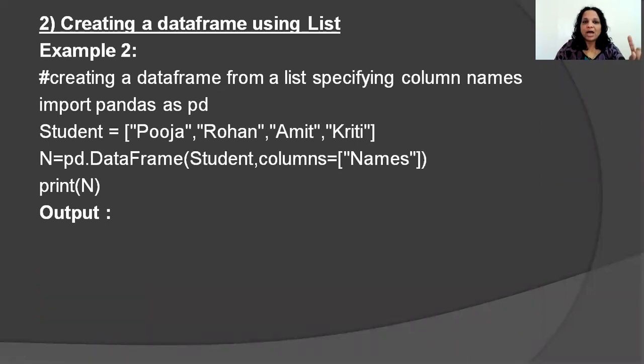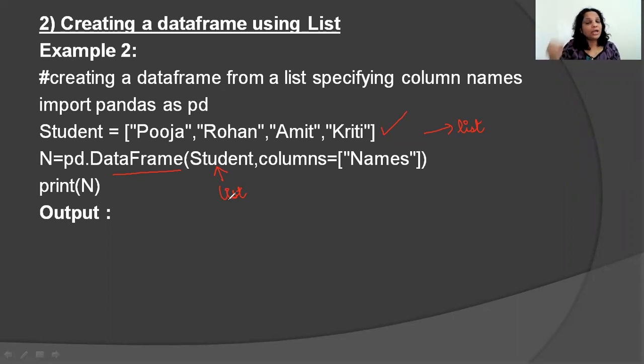Again, remember, I am creating a data frame using a list. Why am I saying that? Look at this carefully. The variable named student is nothing but a list. If you look at the DataFrame function, I have passed student as a parameter, which is a list, which means again I am creating a data frame using a list.